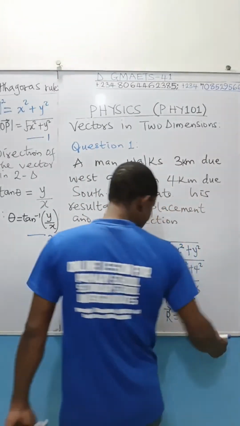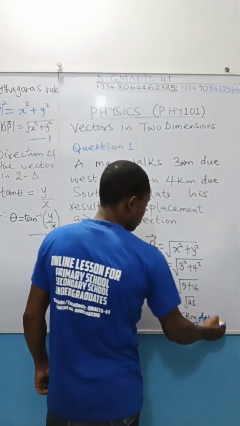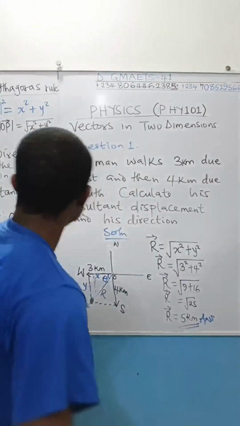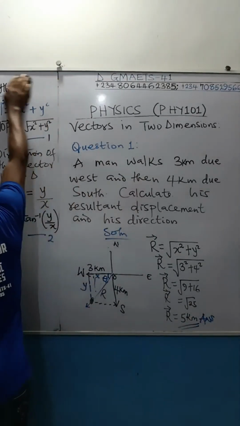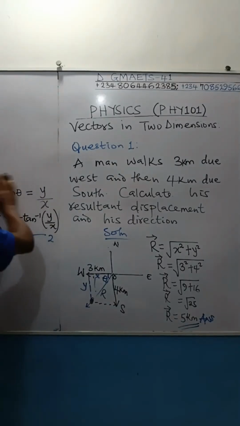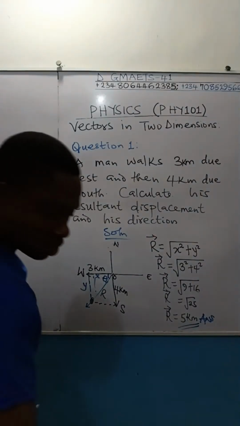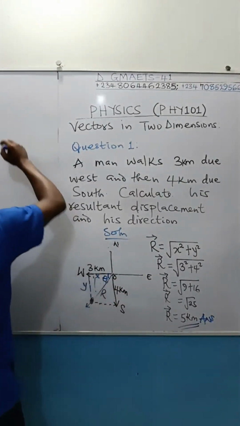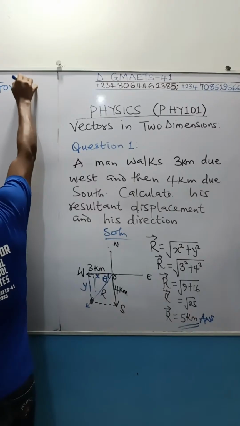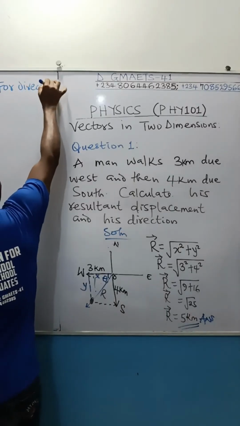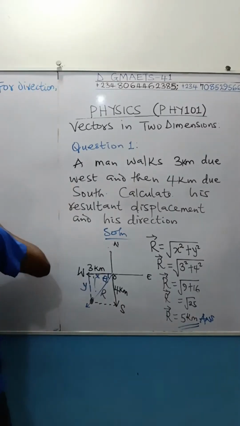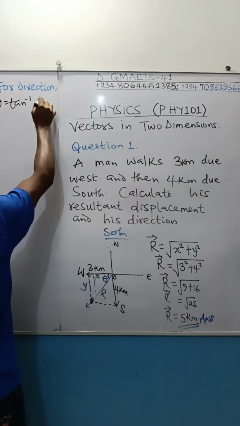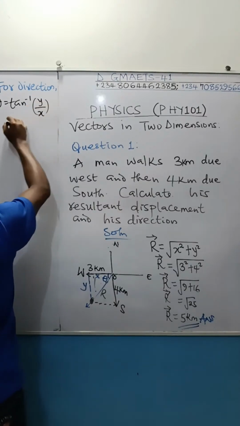Now we have gotten the magnitude of the man's displacement, the resultant. Let us now determine the angle. Remember, I told you that to get the angle, which tells us the direction, you use theta. For direction, we're going to say that theta is equal to tan inverse of the opposite over the adjacent.